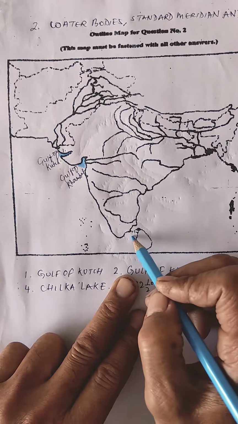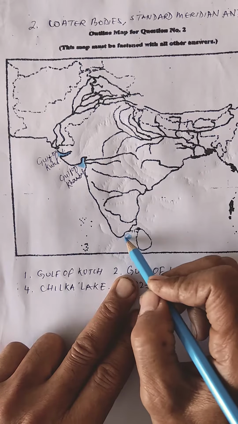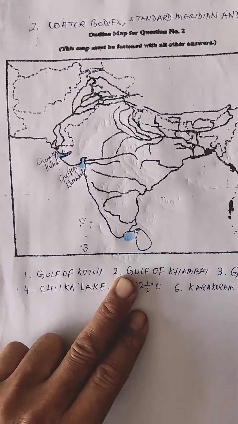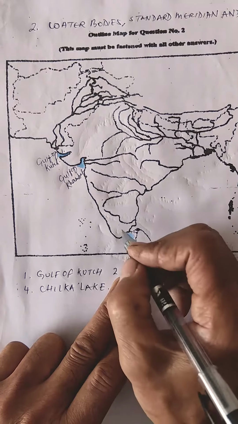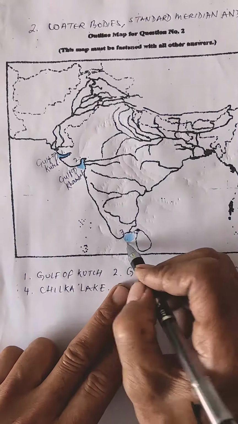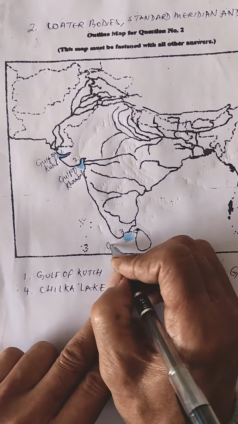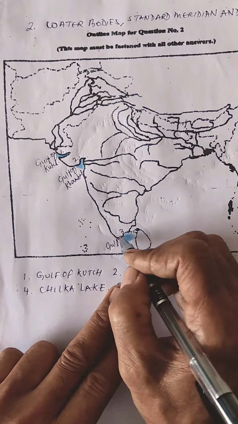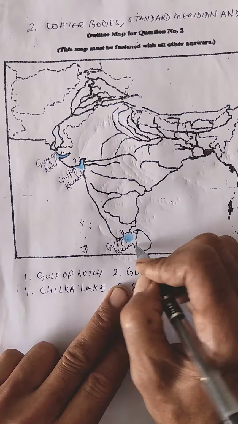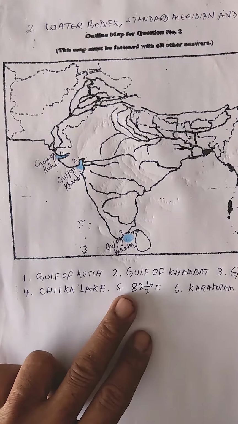So here in this area you have to set like this. This is number 3, Gulf of Mannar. MANNAR.